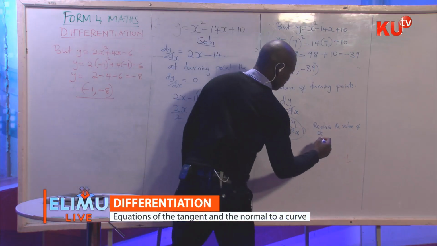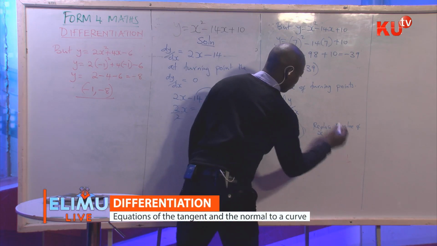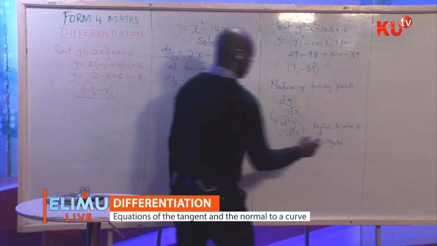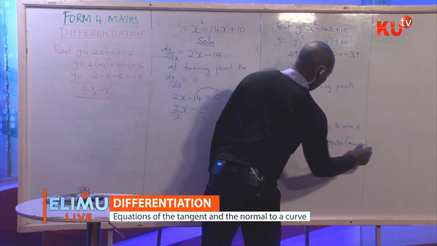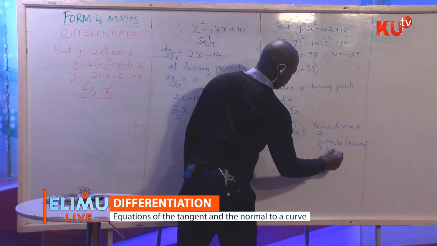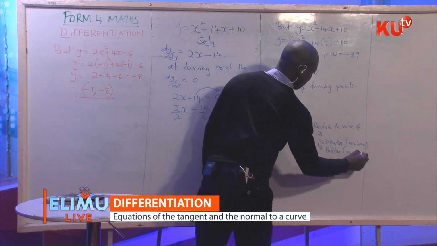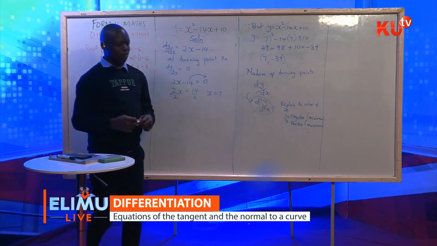If the result that you get is negative, students, it means the point is a minimum. If you get a positive solution, then it implies that the point is a maximum.